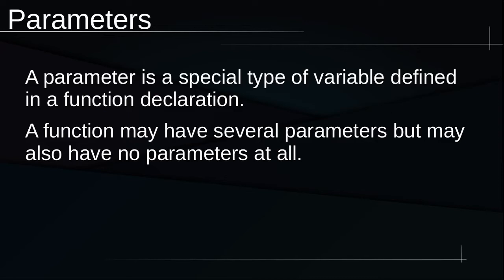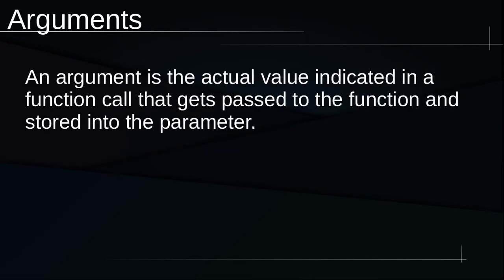It only depends on the requirement of the function as it is designed. On the other hand, an argument is the actual value indicated in a function call that gets passed to the function and is directly stored into the parameter.